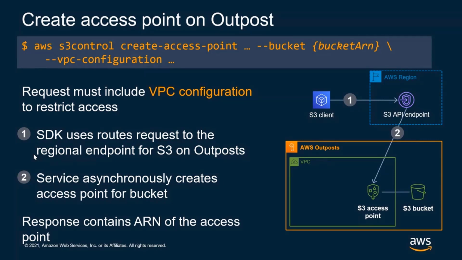But on Outpost, we only support access points. So you use either the AWS SDK, the console, or the CLI to create access points once you create a bucket.